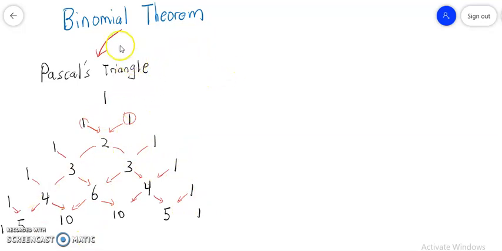This binomial theorem, which also refers to binomial expansion, is always related to this format of algebraic expansion. If you refer to the first one, the power here will be 0.